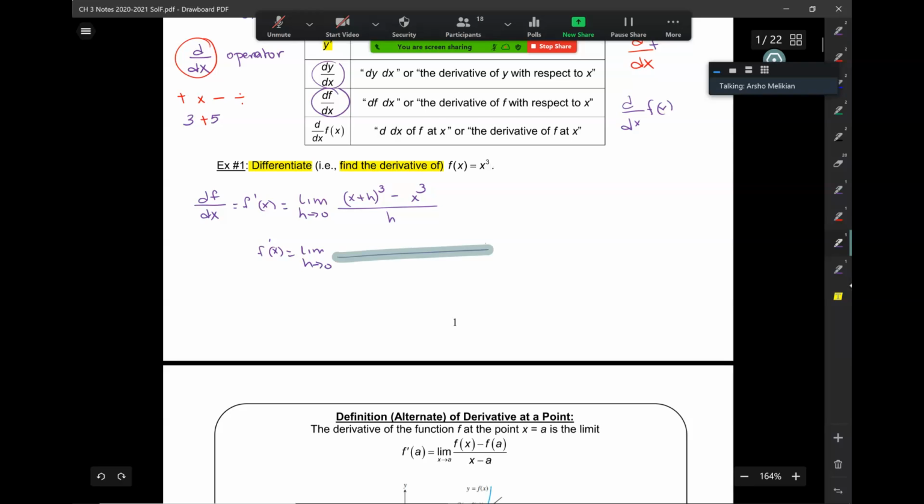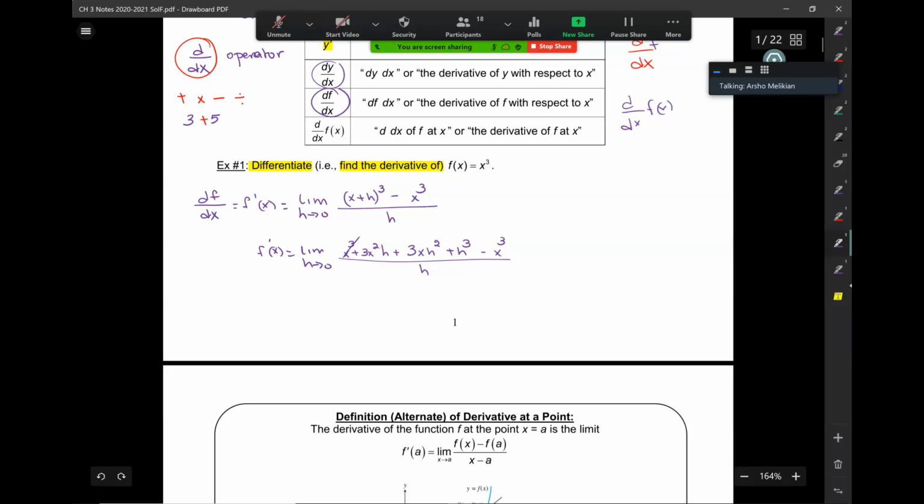When we expand (x plus h) cubed, it's x cubed plus 3x squared h plus 3xh squared plus h cubed. That's something you can look up. Eventually you'll know. Some of you might already know. All over h.